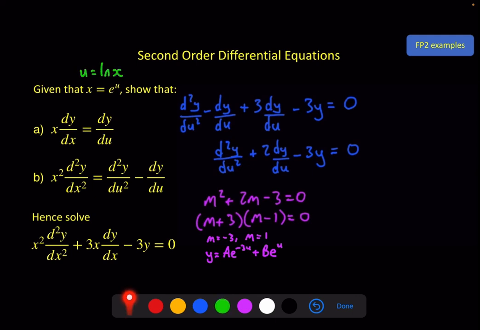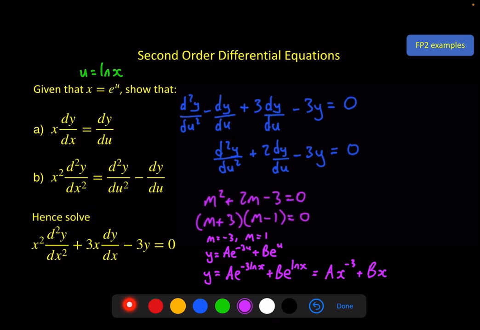And we can substitute that back in here. That gives us y is equal to a e to the minus 3 natural log x plus b e to the natural log x. And you can see here that the e and the natural log will cancel. If you manipulate the minus 3 into a power, you can do the same here to give us a final statement, a x to the minus 3 plus b x.